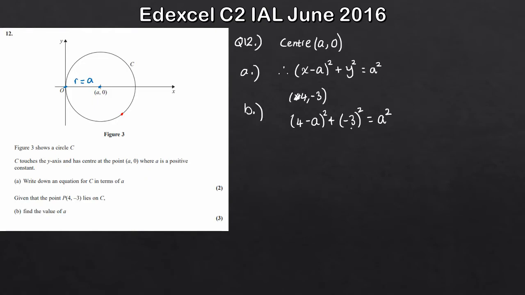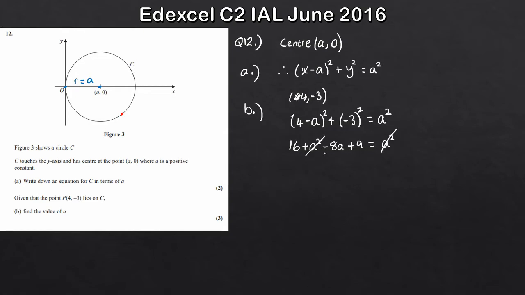So if I expand this, this will be positive 9. 4 minus a all squared, so that'll be 16, I'll get an a squared, plus a squared, I'll get minus 8a there. We've got plus 9 here. It's all equal to a squared. So if I start simplifying here, the first thing I can get rid of is an a squared off both sides. They'll just cancel.